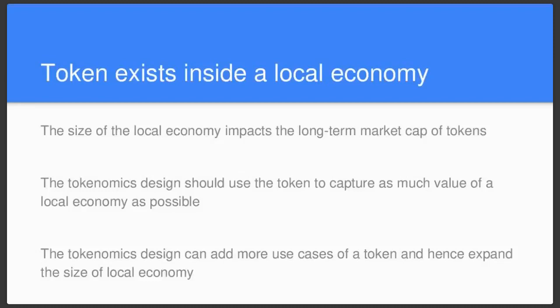The third thing, from the perspective of evaluating a token, is that sometimes you could expand your local economy by expanding your token use cases. I think many people intuitively think of this, for example, with the Kin token as well.